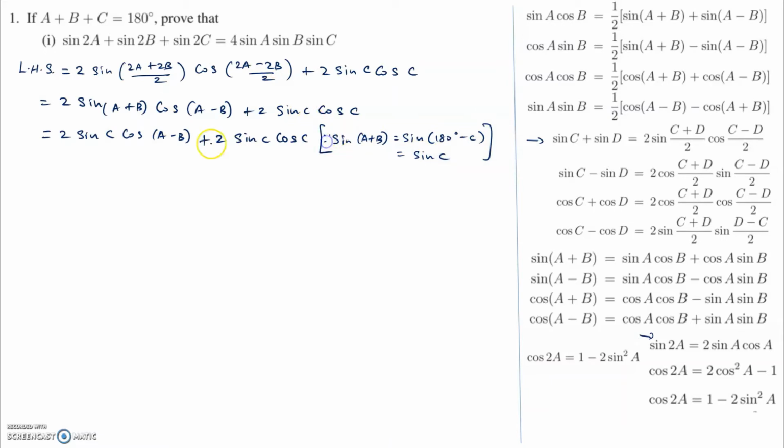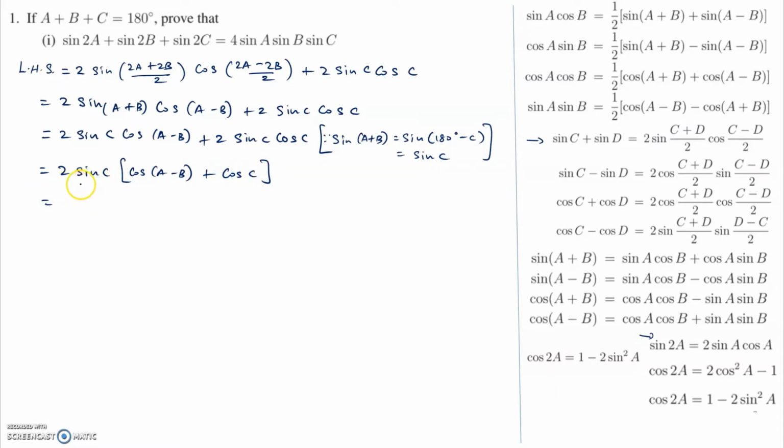So now taking the 2 sine c as a common term outside, this becomes 2 sine c within bracket cos (a minus b) plus cos c.